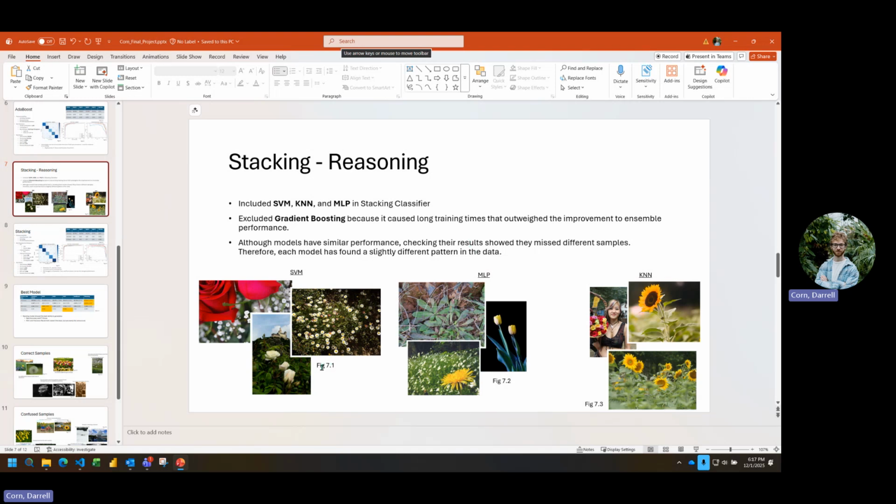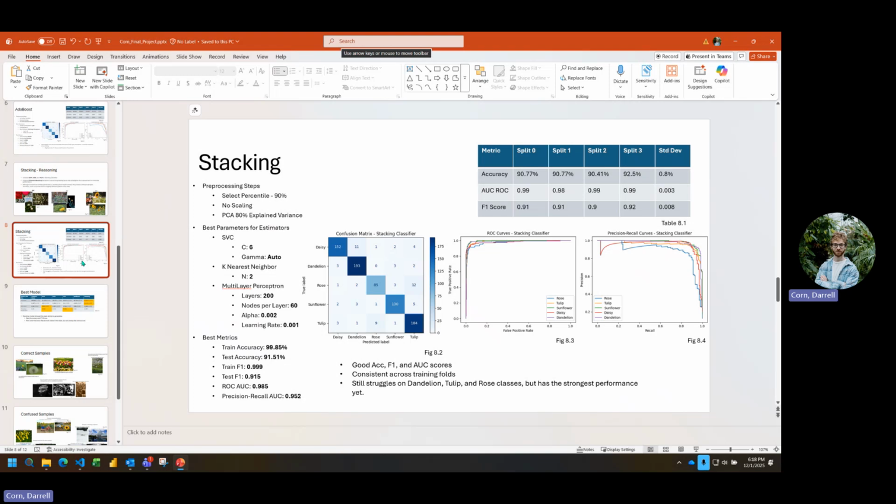In figure 7.1 here, it seems that the support vector machine misclassified a lot of these white flowers in its data set, whereas MLP misclassified some of these samples in figure 7.2, and then KNN seemed to kind of struggle on the sunflower set, interestingly, that's listed here in 7.3. So I think putting these three classifiers together could result in an improved ensemble classifier, which is actually what we see from these metrics here.